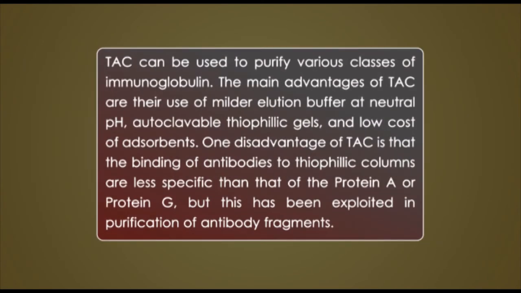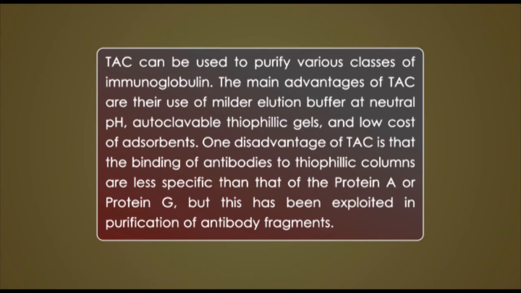TAC can be used to purify various classes of immunoglobulin. The main advantages of TAC are the use of milder elution buffer at neutral pH, autoclavable thiophilic gels, and low cost of adsorbents.